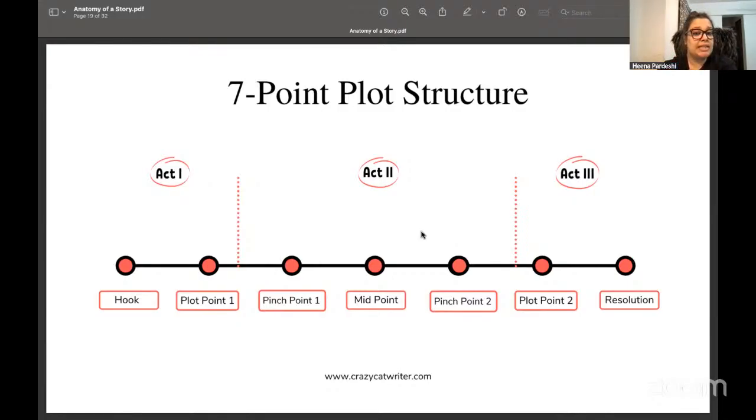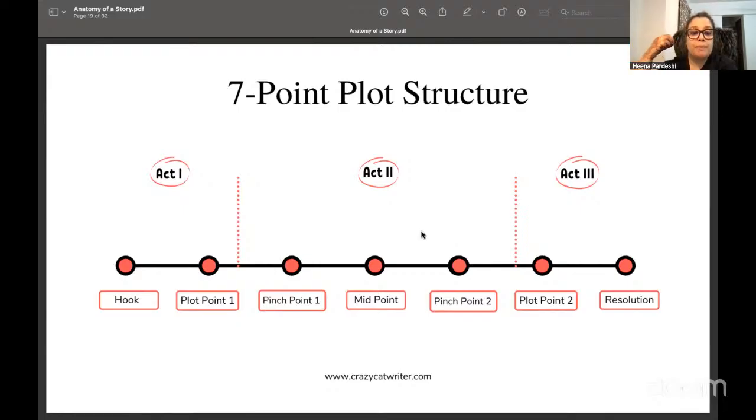The first one is the hook, where we show protagonist's world before the change. Let's take the example of Kite Runner, Amir and Hassan's friendship. In plot turn 1, the event that changes everything, we have Hassan's assault or Amir's betrayal.